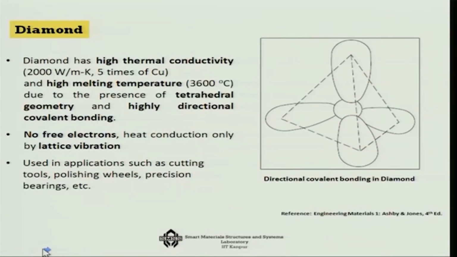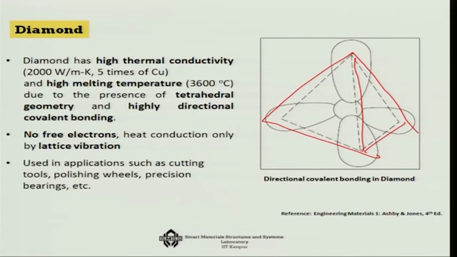Another example is diamond, where carbon is sharing electrons with another carbon, but not in any arbitrary way. Only when this kind of tetragonal packing comes into the picture does this happen, and this is one of the strongest bonds available in nature, because the number of covalent bonds here is very high.